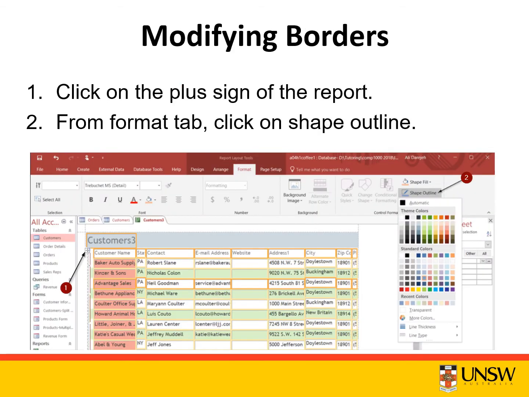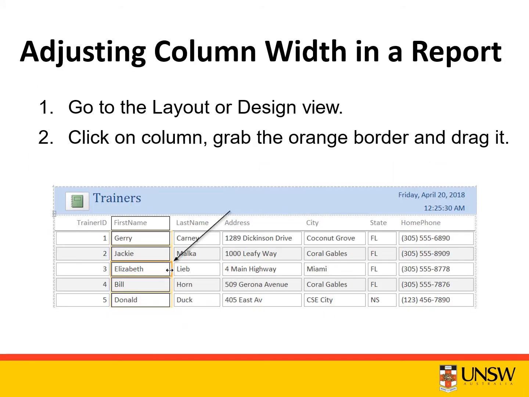If you want to modify the borders of the cells, click Shape Outline from the Format tab. In order to adjust columns width in a report, click on the desired column, click on the orange border that appears, and drag it. Watch the demos in the next 2 slides.